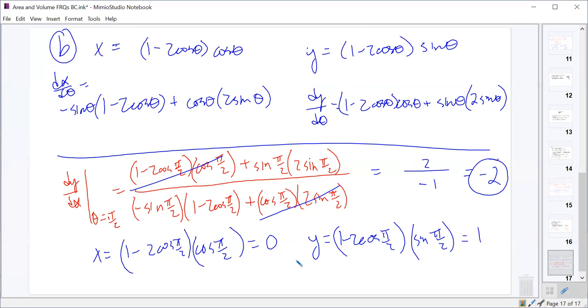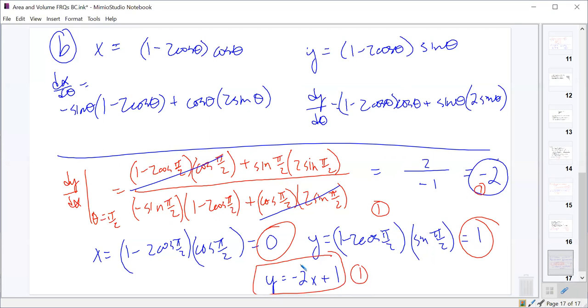Our coordinates are 0, 1. The equation is y equals negative 2x plus 1 in slope-intercept form. Everybody good with that? You got 1 point for getting 0 and 1, 1 point for the slope, and 1 point for the final equation. Any questions on that one?